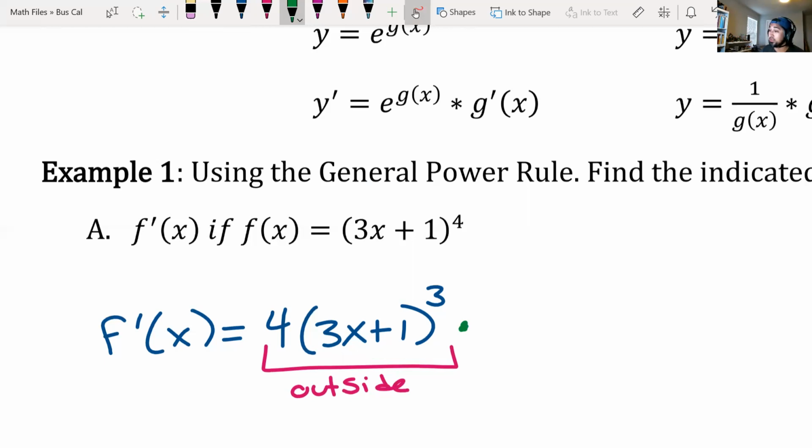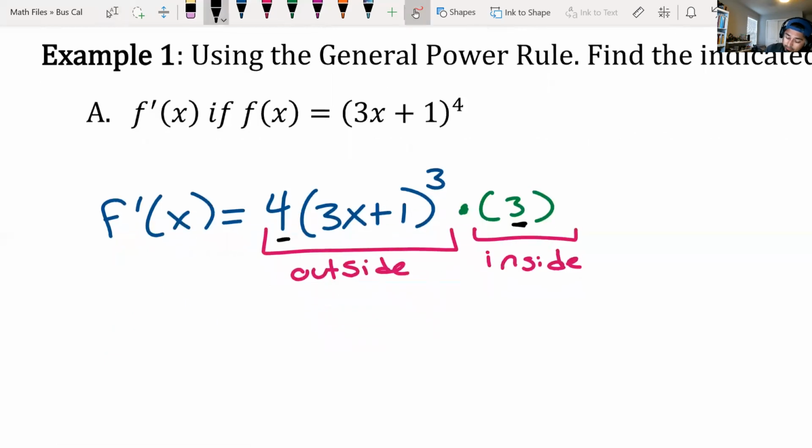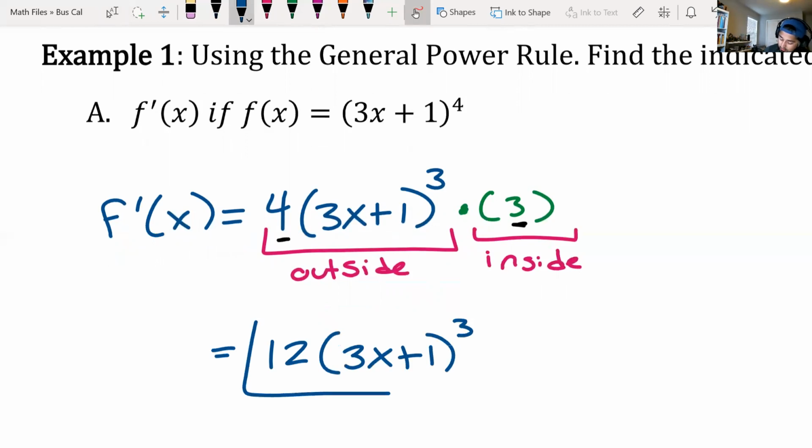The derivative of 3x plus 1 is just 3. And that's derivative of outside times derivative of inside. All we have left to do is clean up, which means I'm going to take this 4, multiply this 3, and it's done. We get 12 times 3x plus 1 to the third, and we do nothing else.